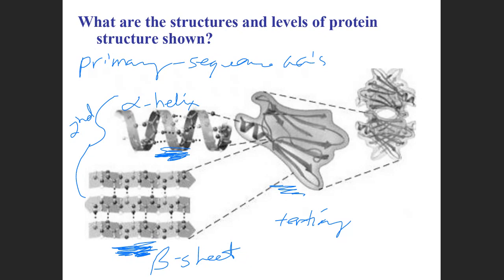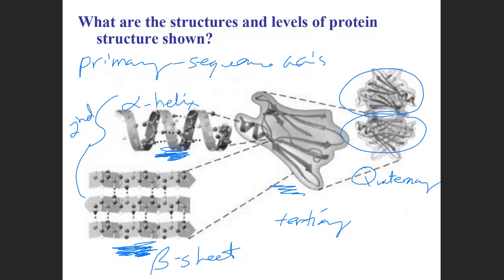And notice here we have two subunits associated together. So what do we call that? Right, the quaternary. So the four levels of protein structure: the primary is just the sequence of amino acids.